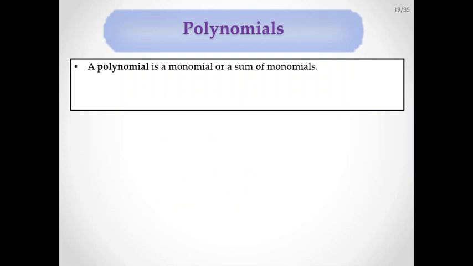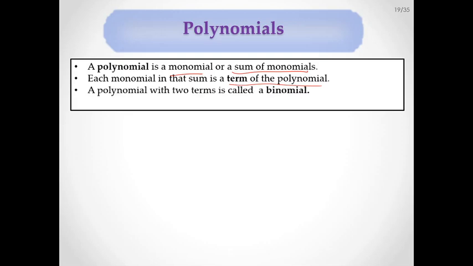Now the polynomials. A polynomial is a monomial or a sum of monomials. Each monomial in that sum is a term of the polynomial. A polynomial with 2 terms is called a binomial. A polynomial with 3 terms is called a trinomial.